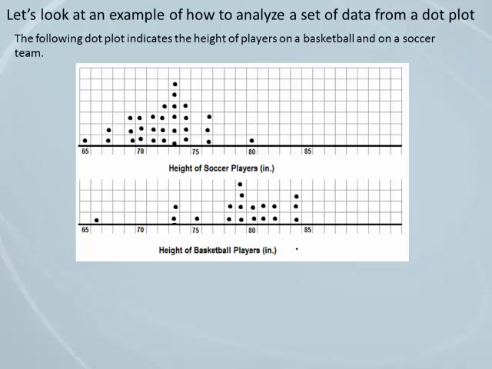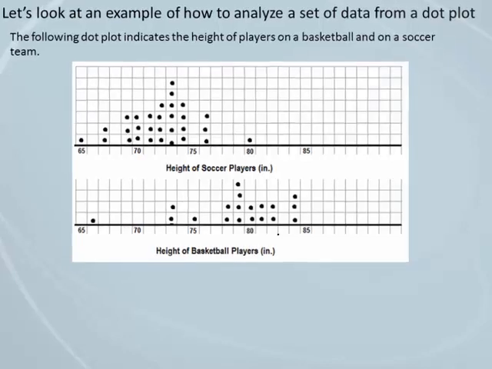There's an asymmetricalness to basketball player height. Soccer players are more symmetrically height ranged. You can just gather some ideas about the data from looking at the picture. But we want to actually analyze the data.